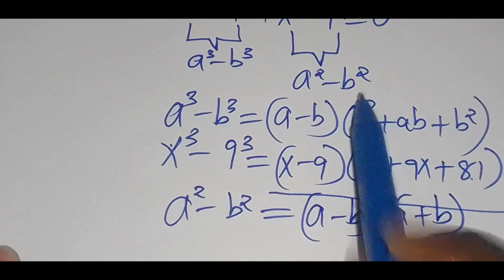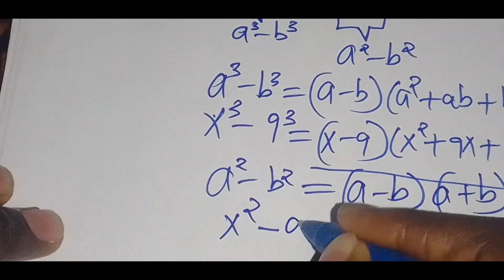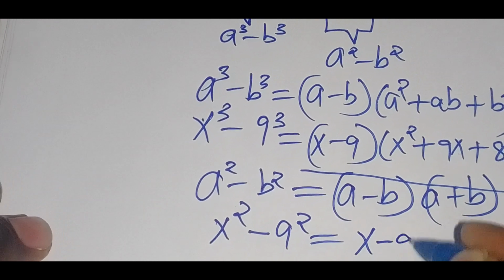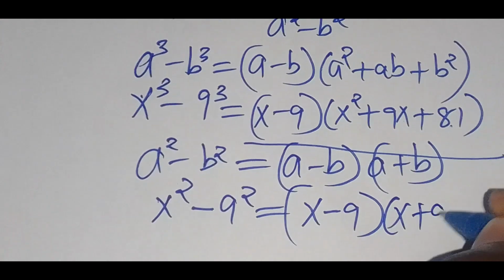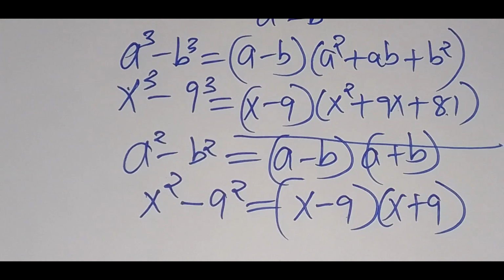So x squared minus 9 squared is expressed as x minus 9 times x plus 9.